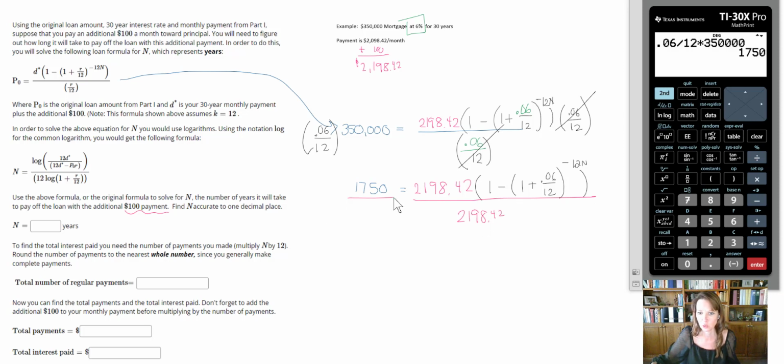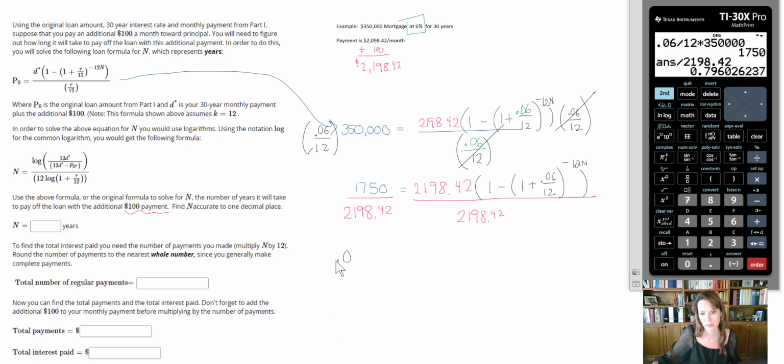By the way, I don't retype what's in the calculator, especially if you had a bunch of continuing or repeating decimals. So I'm going to take this 1750, I'm going to divide it by 2198.42, hit enter, and let's keep working with our algebra.